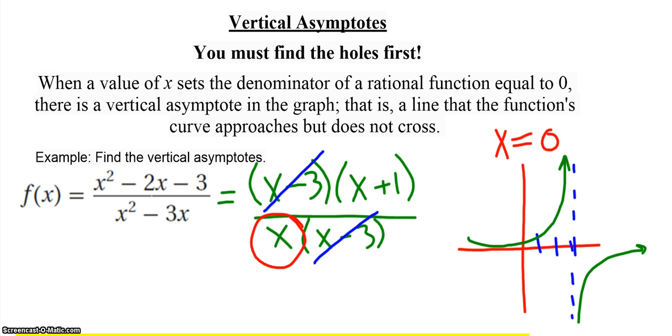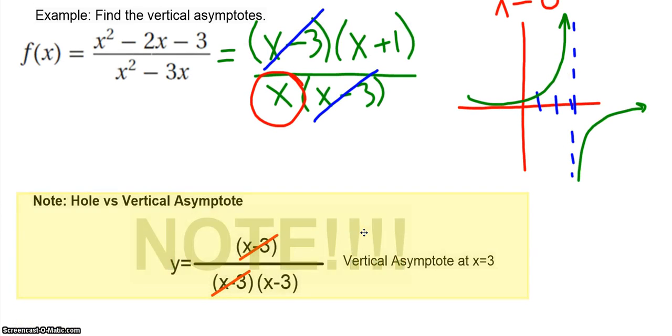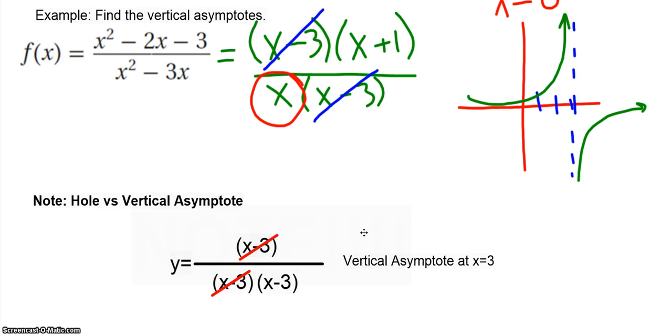Now, let's take a look at a special case. What if you have a hole and a vertical asymptote at the same time? So right here, x minus 3 divided by x minus 3 times x minus 3. Well, cancel them off. So you think you have your hole at 3, but then like before, we look at the denominator, and right here is our vertical asymptote, also at 3.